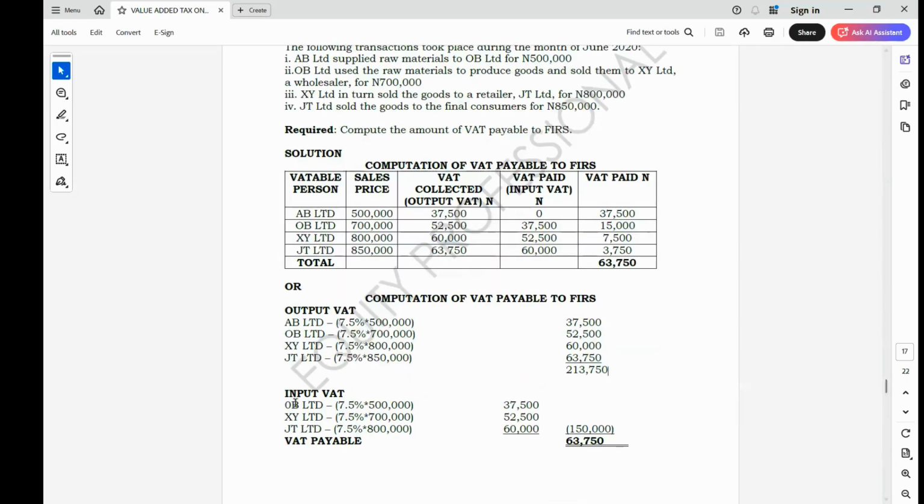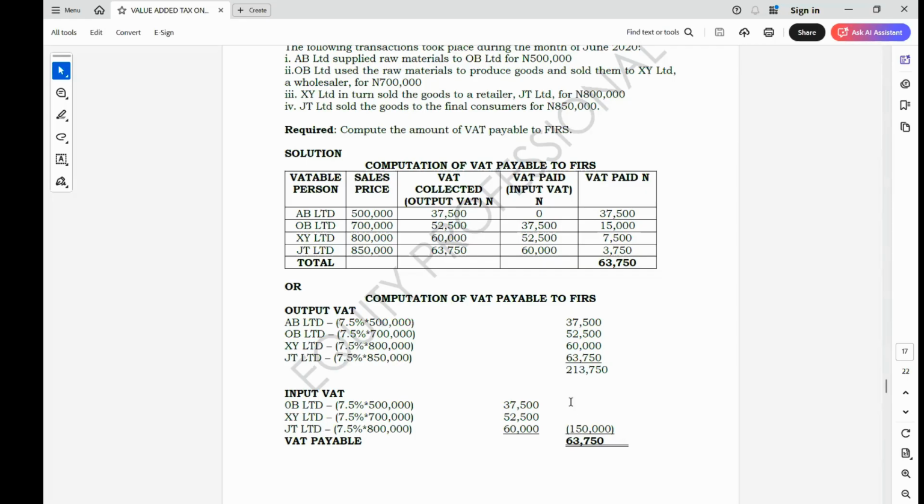Input VAT. When OB is buying from this person, this 37,500 will be input VAT to OB. This 52,500 will be input VAT to SY Limited. This 60,000 will be input VAT to JT Limited. So we add all the input VAT and remove it from the output VAT.